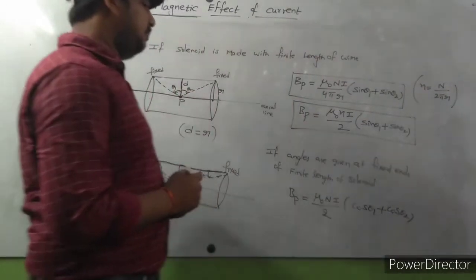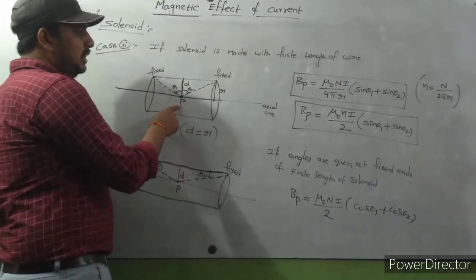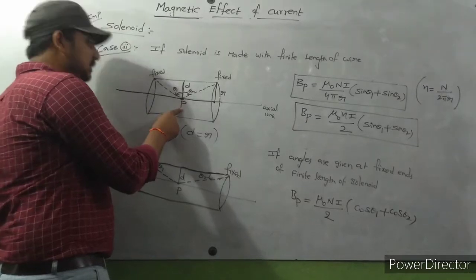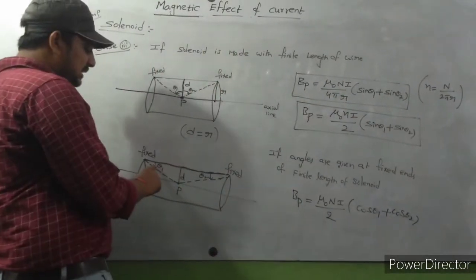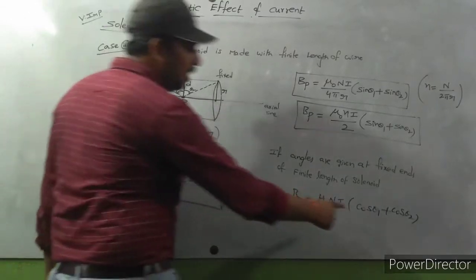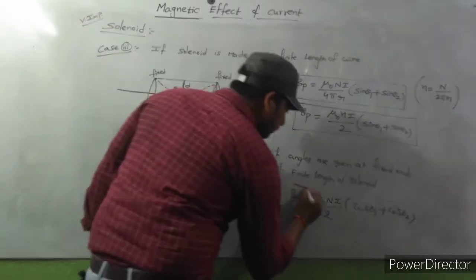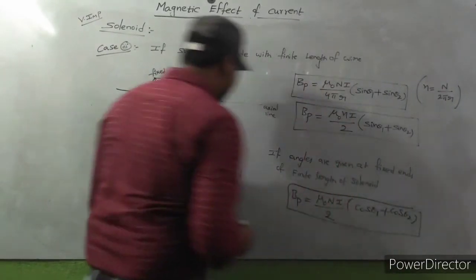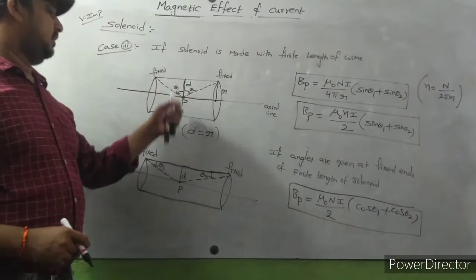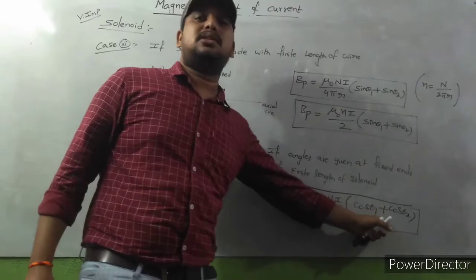So this is very, very important. If angles are given at a point, we consider sin theta 1 plus sin theta 2. If angles are given at fixed ends, we consider the formula mu naught n i by 2 into cos theta 1 plus cos theta 2.